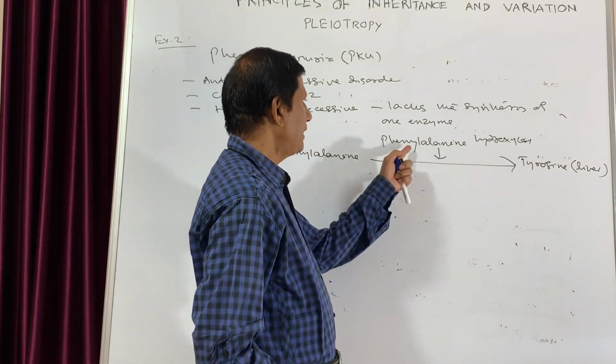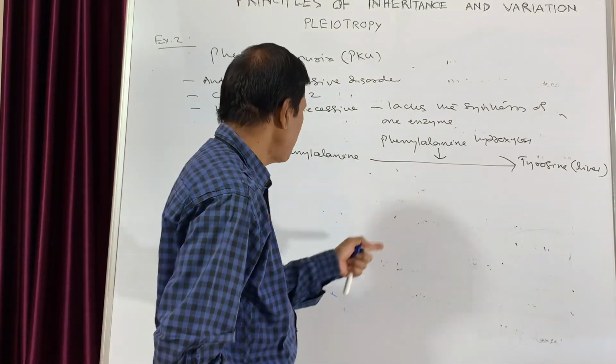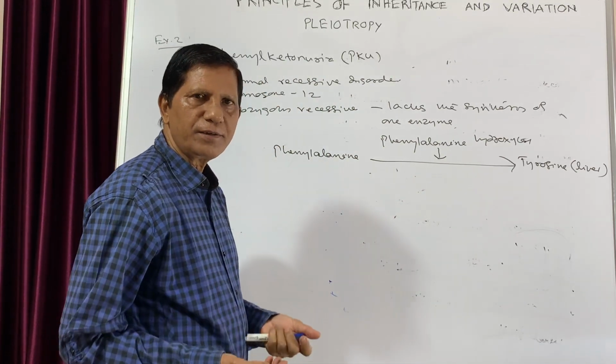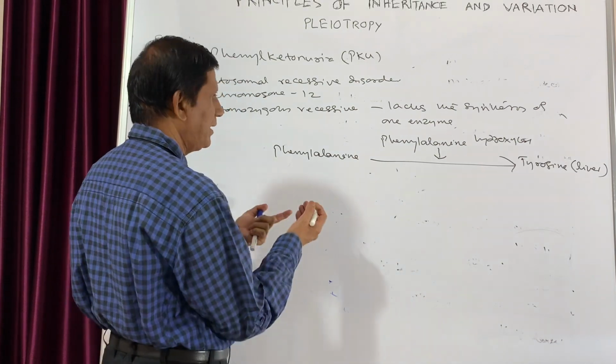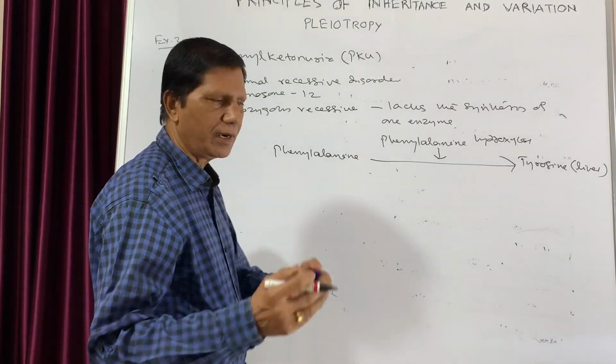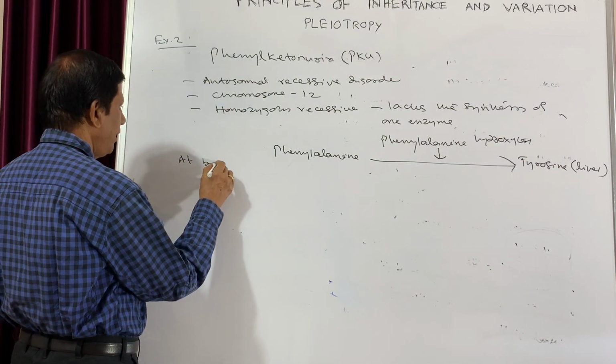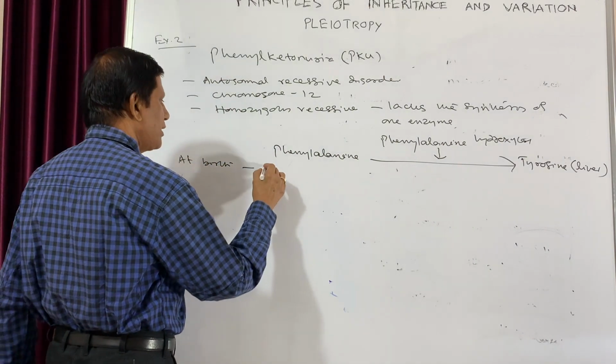Now, when this enzyme is not synthesized, that means in the body this phenylalanine is accumulated. So when it is accumulated, what will happen to the organism? Now, usually at birth, the person is normal.